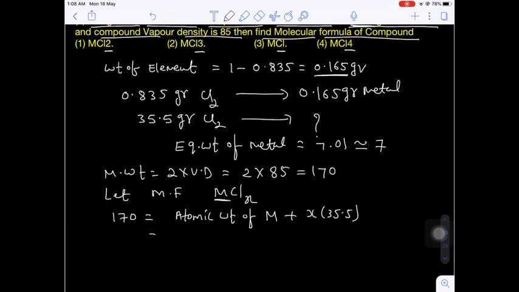Now atomic weight is equal to equivalent weight into valency. What is the valency here? X. So I am writing equivalent weight multiplied by valency plus valency into 35.5 will be equal to 170.